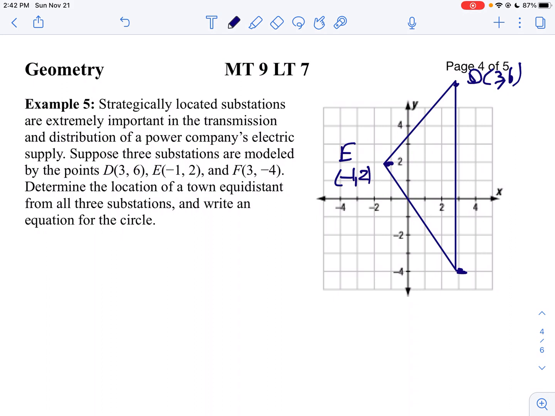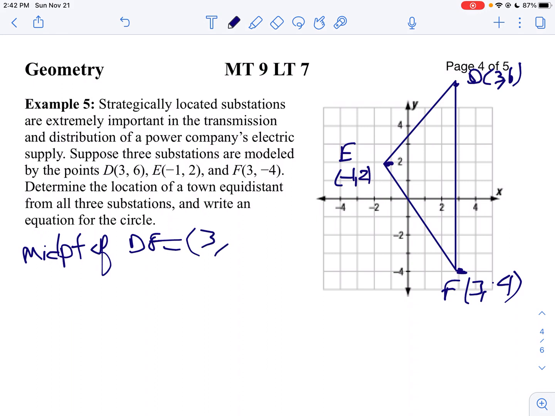Now I do like point DF because I notice that's a vertical line, isn't it? So I'm going to find the midpoint of DF. That's going to be 3. If I go 6 plus the -4 is 2, so 2 over 2, right? Or (3, 1).